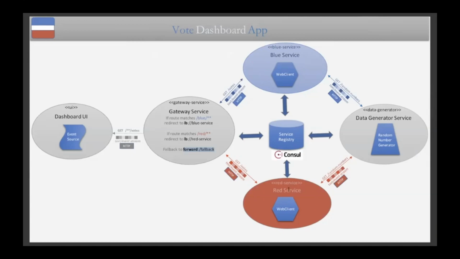In turn, the blue and red services will invoke a random number generator API, and use that to generate random voting data for the app. It'll use Consul for service discovery, Spring Cloud Load Balancer for client-side load balancing, and Spring Cloud with Resilience4J for circuit breaking. Now, a quick overview of what those terms mean.